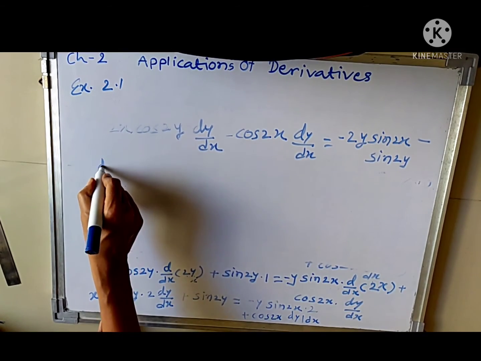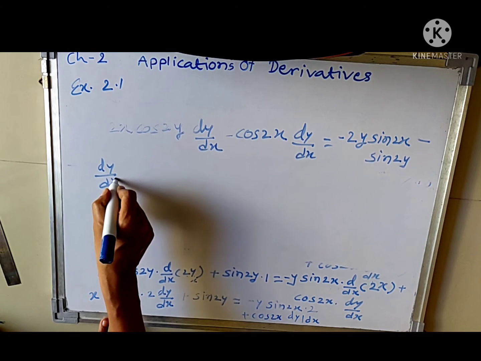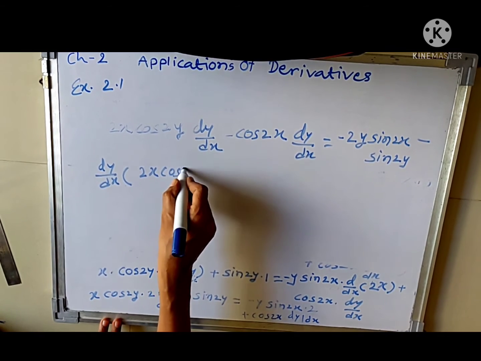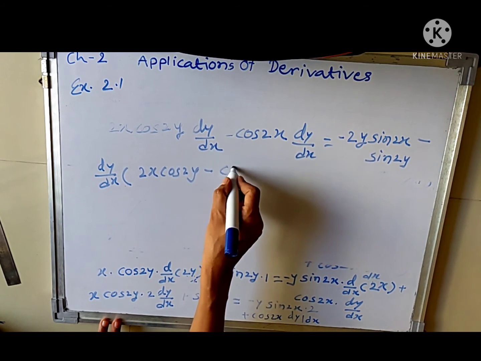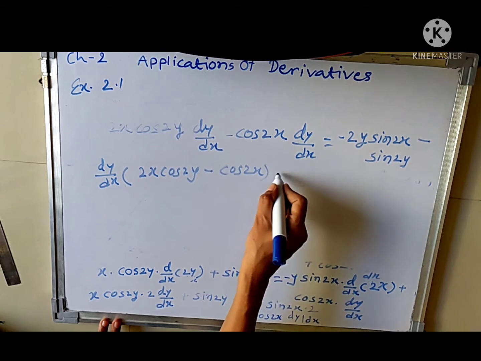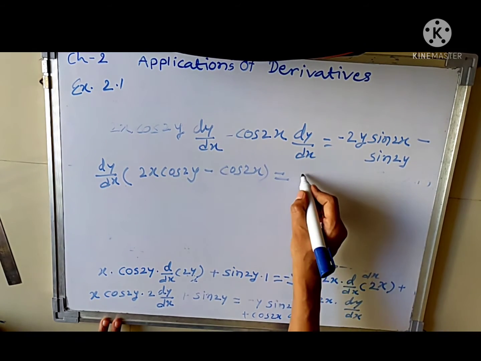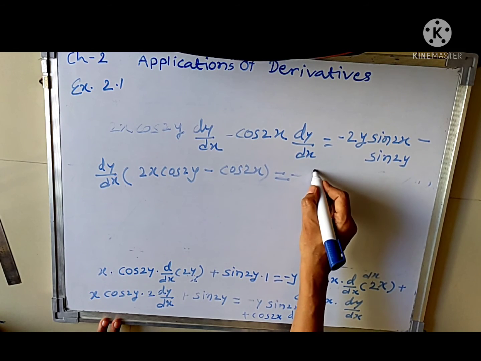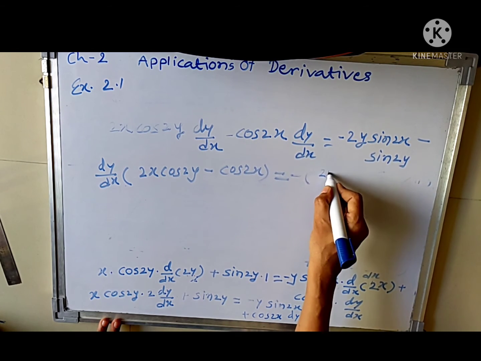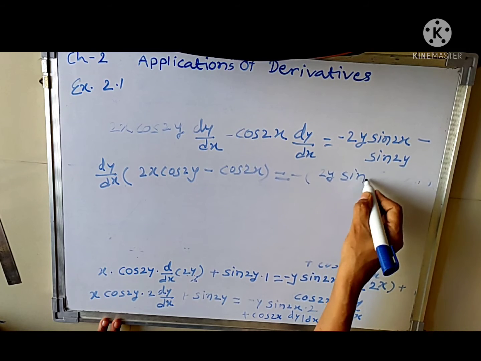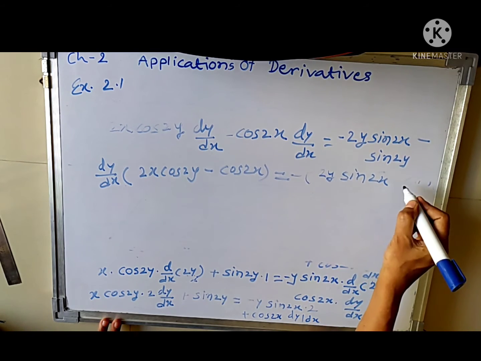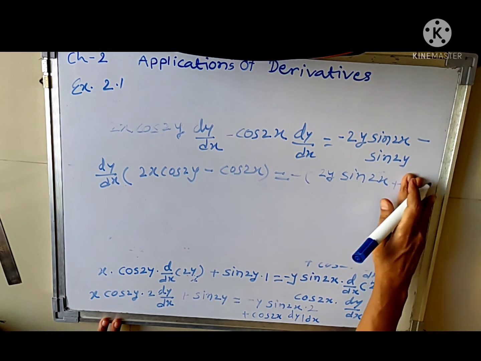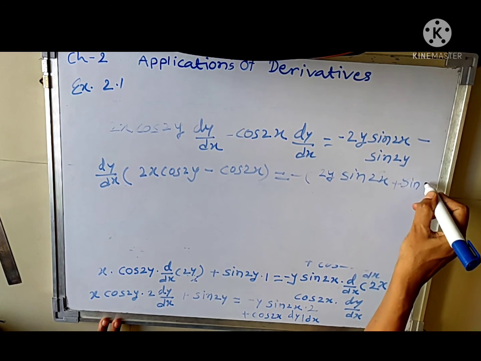Now take dy by dx as common from LHS. Here 2x cos 2y minus cos 2x, keep in a bracket. I am taking minus as common from RHS. Here in the bracket 2y into sin 2x plus sin 2y.